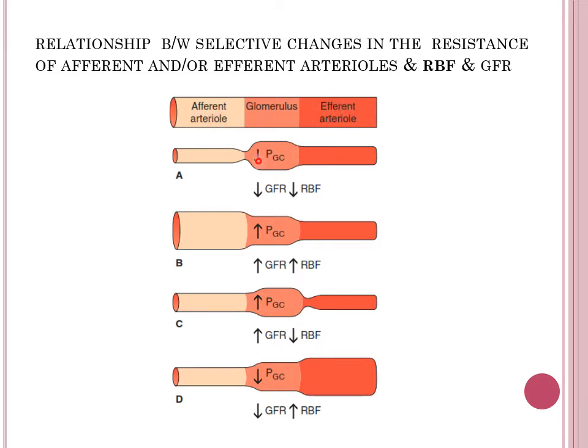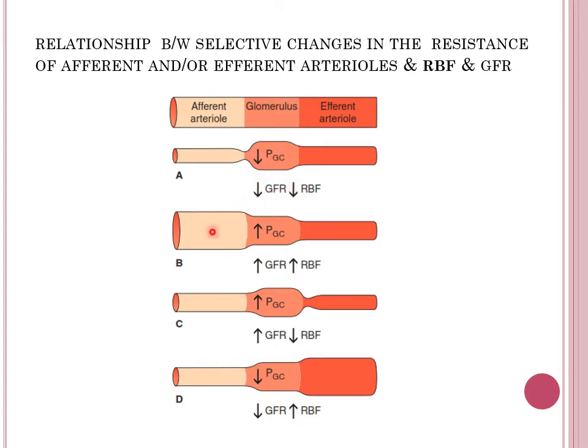Now suppose this is the afferent arteriole just before the glomerulus. Suppose there is a constriction of the afferent arteriole, that means a decrease in its diameter. Then it will decrease the blood flow to the glomerulus. So this will decrease both the blood flow as well as the GFR.